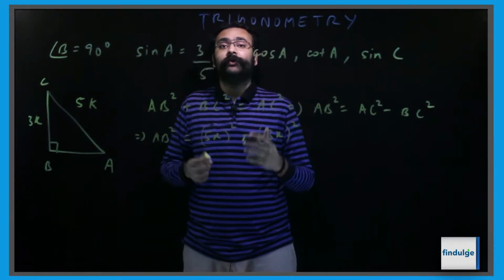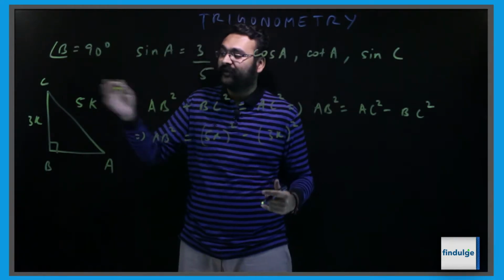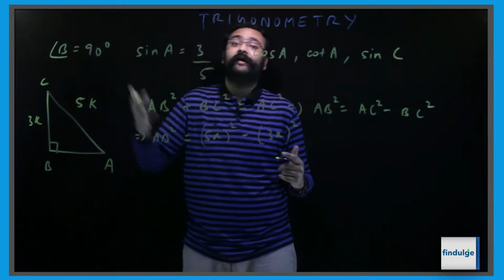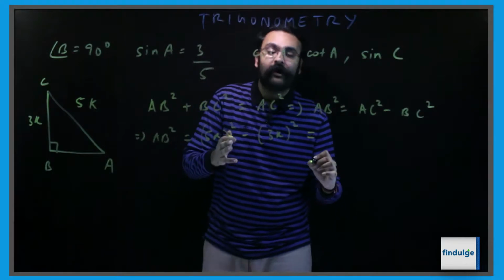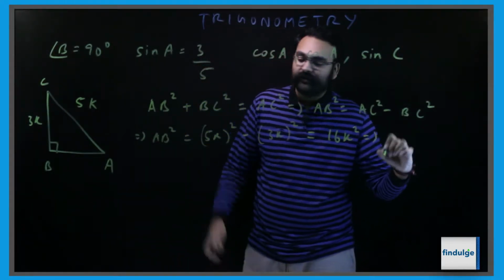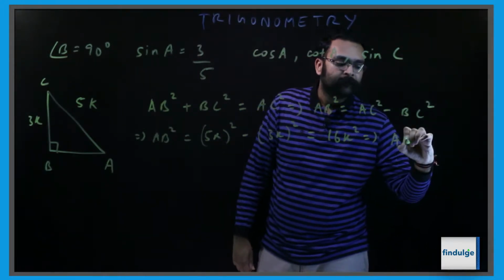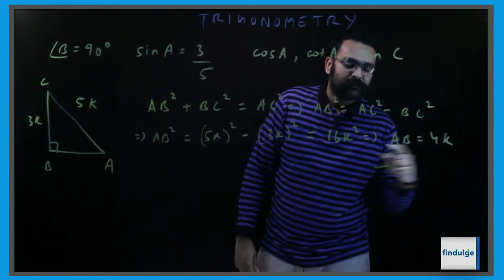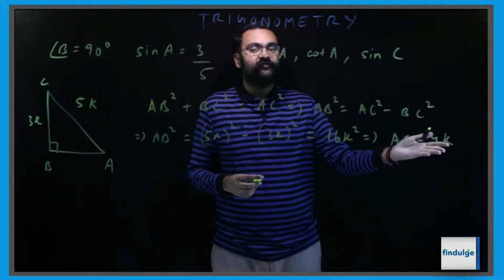And of course, we've been doing Pythagoras triangles for a very long time. We know this is our standard 3, 4, 5 triangle. So this will of course come out to be 16K square, which will mean that AB is nothing but the square root of 16K square, which will be 4K.